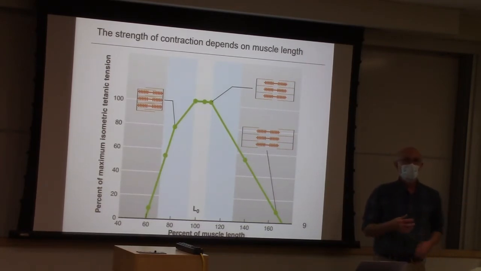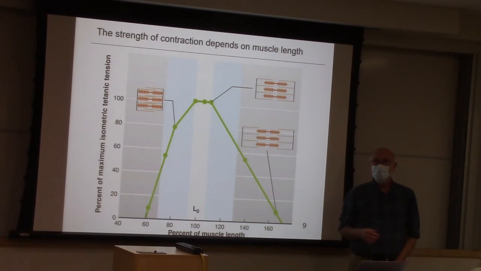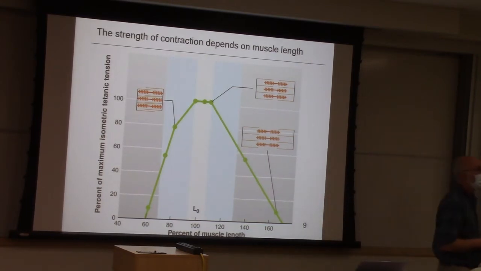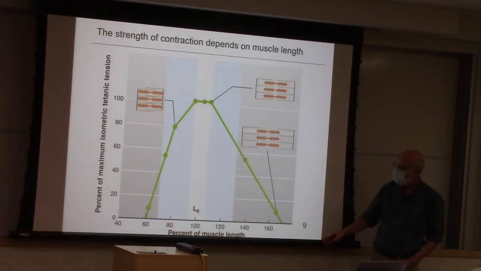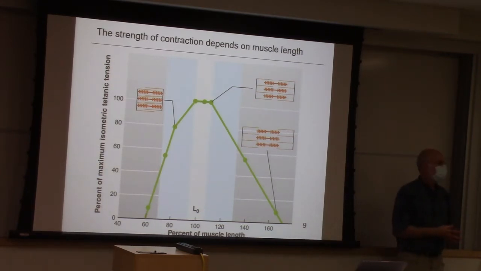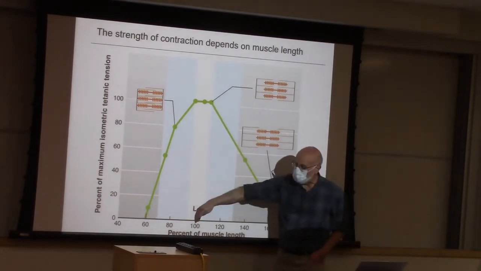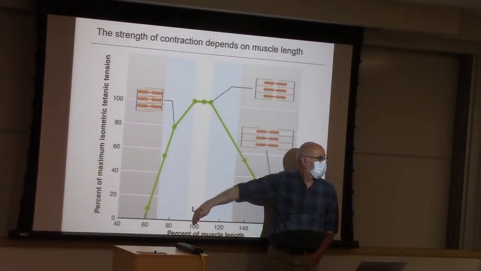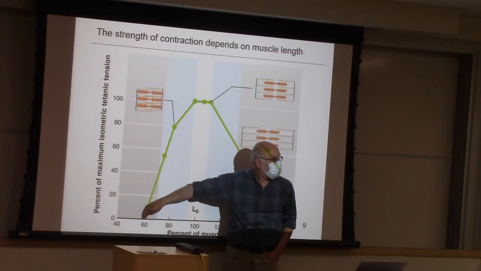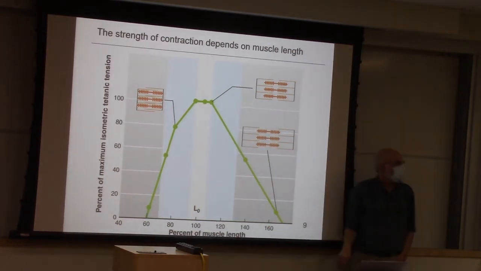For heart muscle to stretch, you need blood to stretch it. Okay? So 100% is perfect stretching. And this is less than perfect stretching, and this is overstretching.